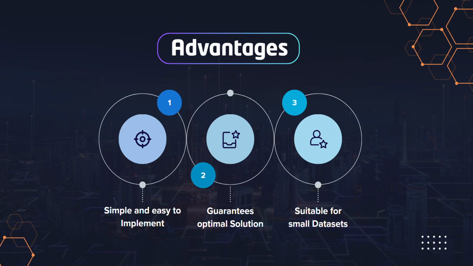Since every possible path is examined, the algorithm always identifies the shortest and most efficient route among all available options. Finally, the approach is suitable for a small dataset. When the number of cities is limited, the brute force method performs efficiently and produces highly accurate results.